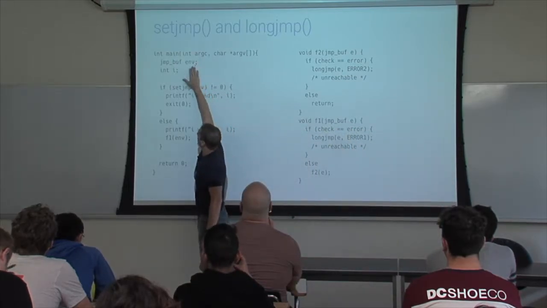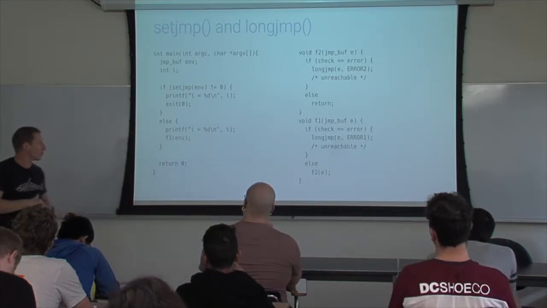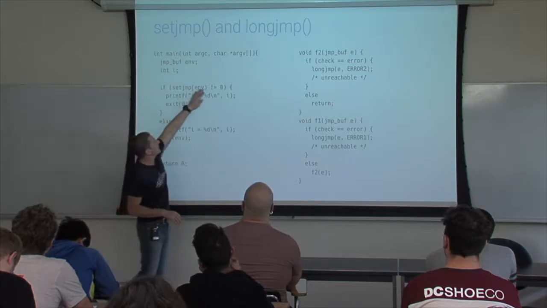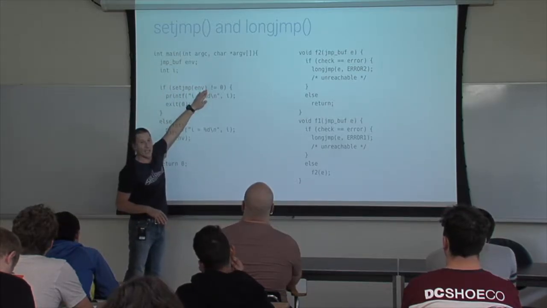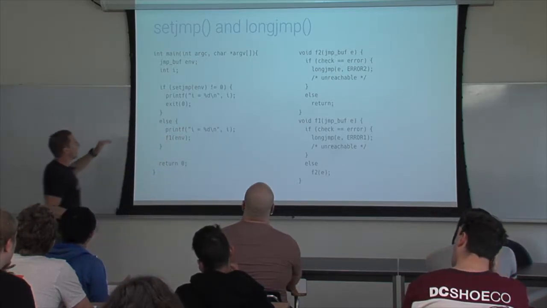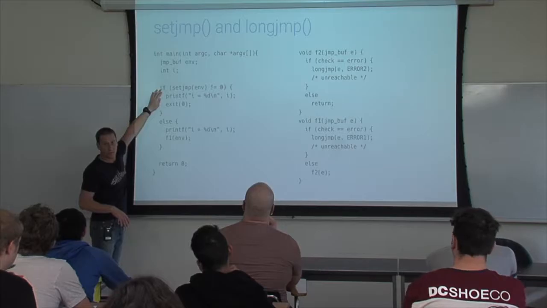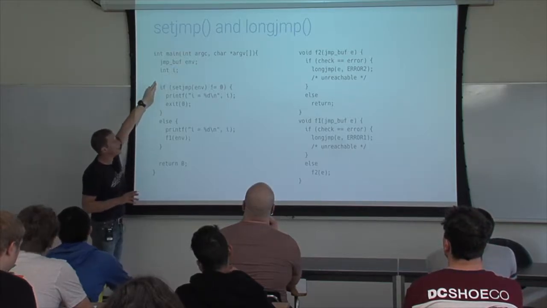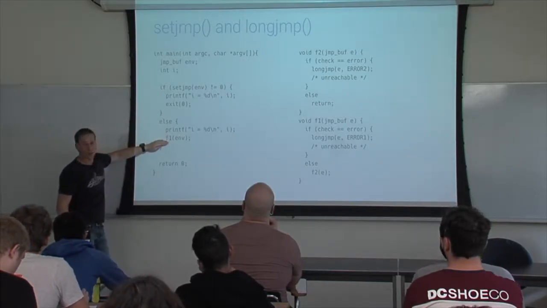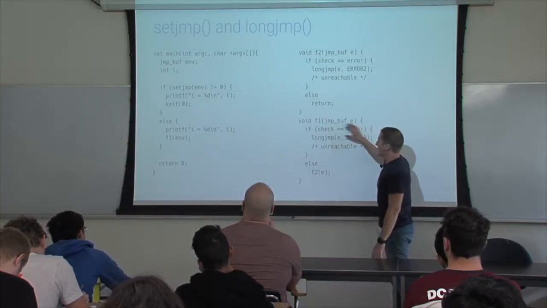You create this data structure, a jump buffer, a struct that really has inside, as we will see, all the registers. And here it says, if setjmp is different than 0, that means that I just returned from a longjmp. So the first time I execute setjmp, this will return 0. That means that everything is good. I saved the state in that jump buffer, and I will proceed to execute function 1. Then I go to function 1, and I'm doing my stuff, and I will check for some error.